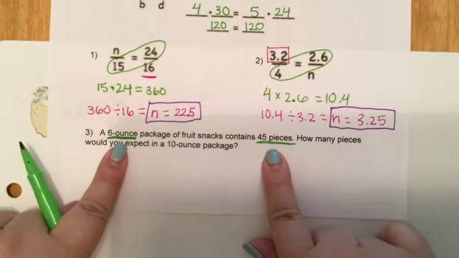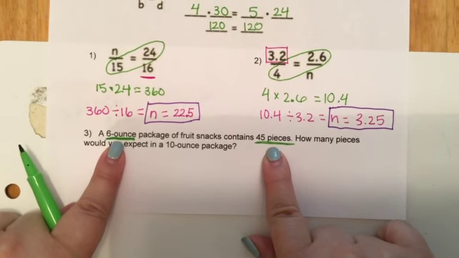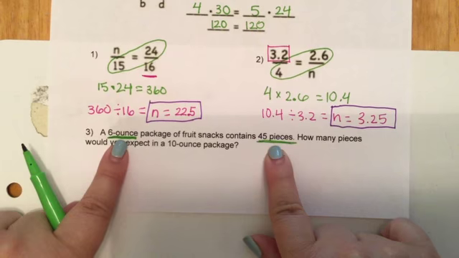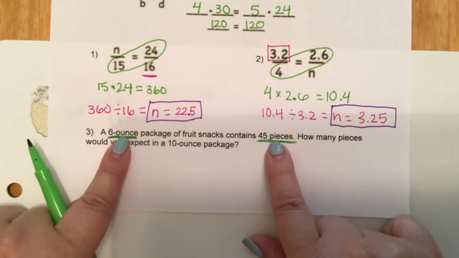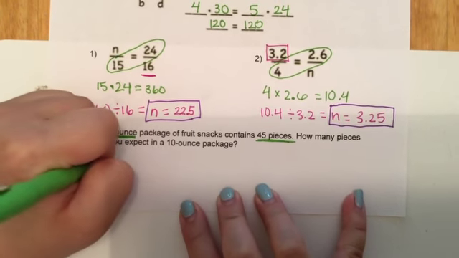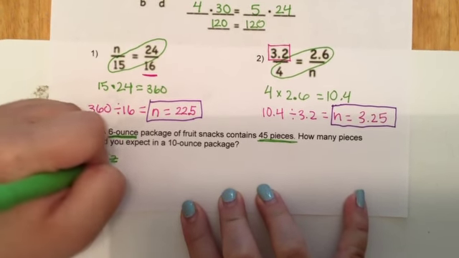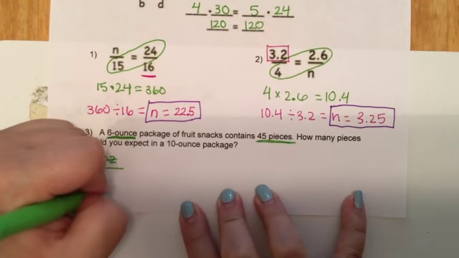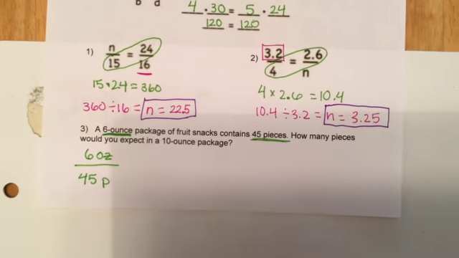Right away, we know that we can write this as a ratio. Whenever you're using proportions or ratios that have two different units, it's really important that you include the units when you're writing that ratio. So let's do that. We've got 6 ounces per 45 pieces, a 6-ounce package that contains 45 pieces.